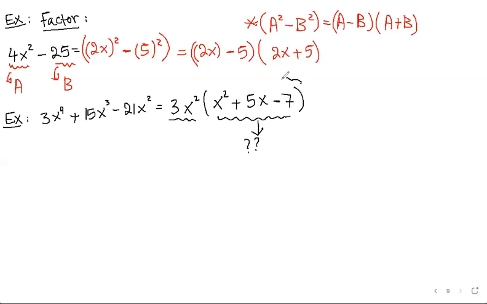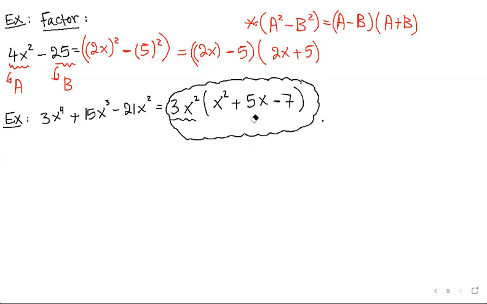So this is the simplest form for this question. I can't find more factors for this question. So I keep it until here. Make sense? So this is my factoring for this one.